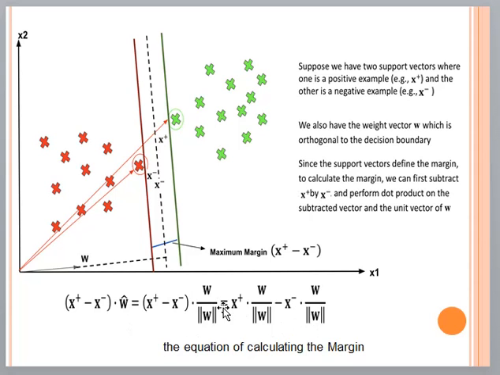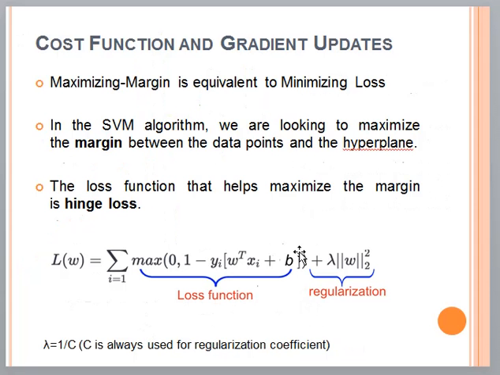So if you still have confusion in deriving these equations, please go back to the slides and have a look at the recordings again. And then we also discussed the cost function and the gradient updates mechanism of support vector machine. We also discussed the hinge loss function, and we also had a look at the regularization term.